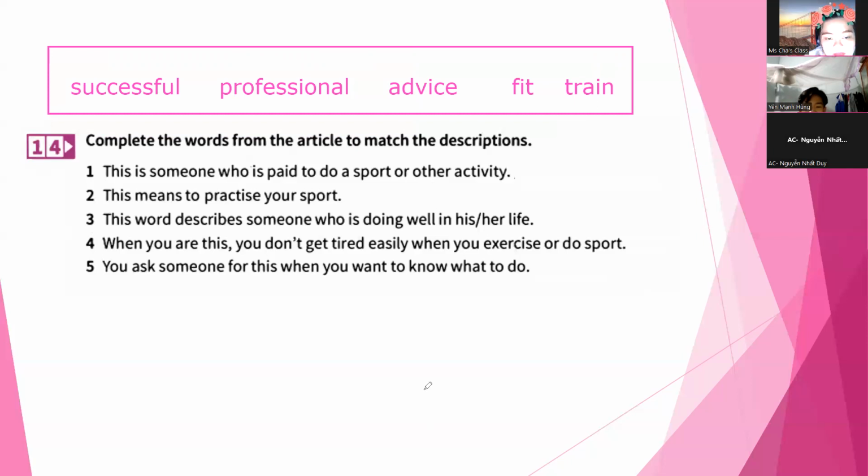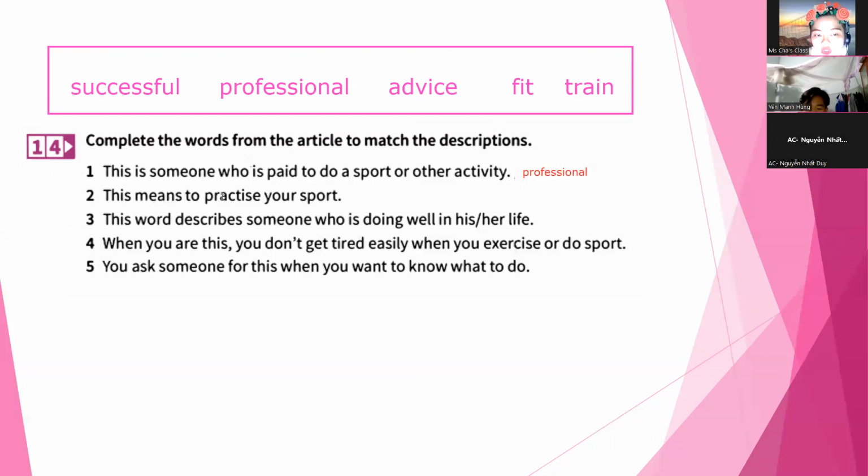What do you think? So, yep, this is a person, a career. This is someone who is paid to do a sport or other activity. Professional. Yes, a professional. Okay, you're going to look for someone who is capable, or who has the knowledge about a certain sport that you're seeking.